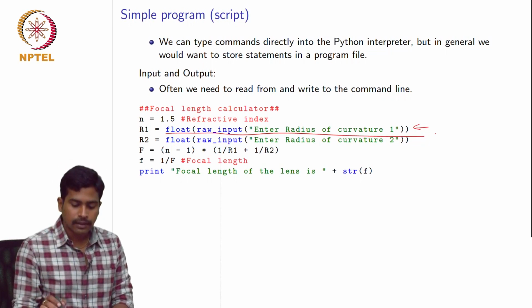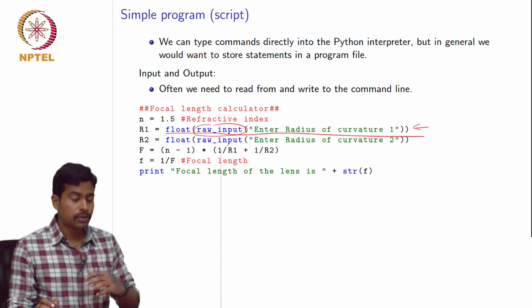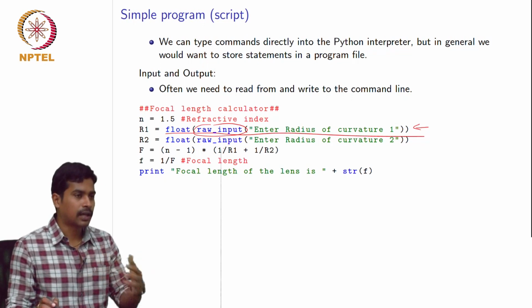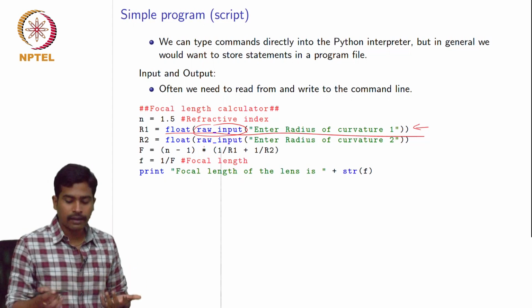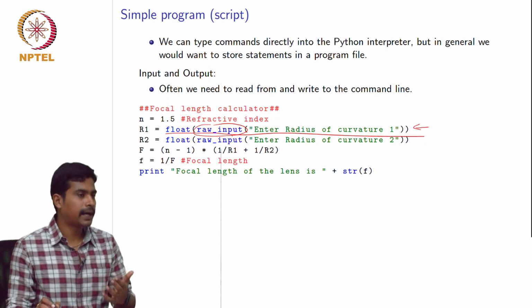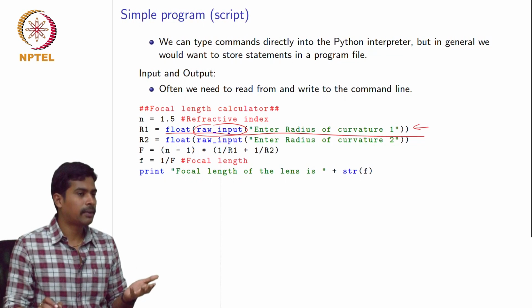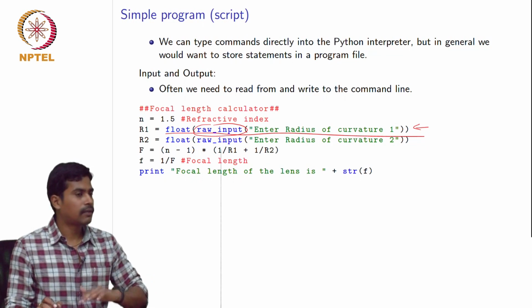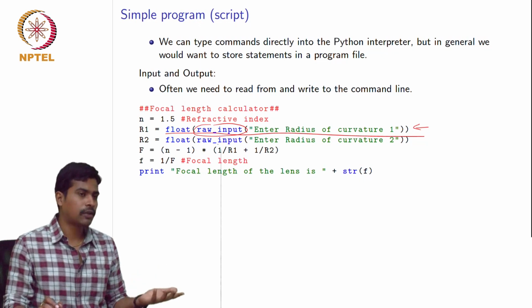The main command is raw_input. raw_input takes your data from the console, and whatever value you enter will be a string type by default. As I have said before, you cannot do arithmetic operations with strings, so you have to convert it into the appropriate data type, whether an integer or a float.